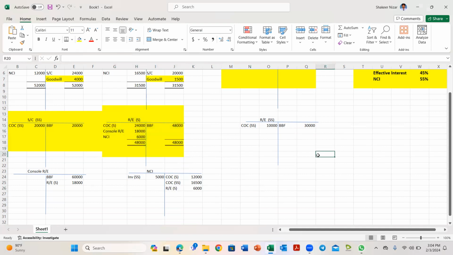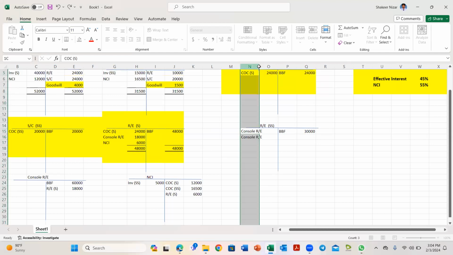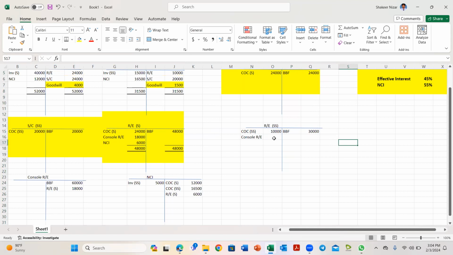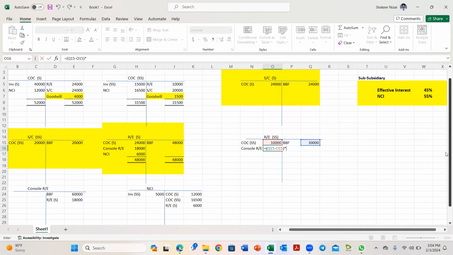Then here, the same thing: consolidated retained earnings. What is the amount? Into the effective holding of 45%, right? 45%, 9,000. And the remaining 55% goes to the NCI. It means 11,000, isn't it?